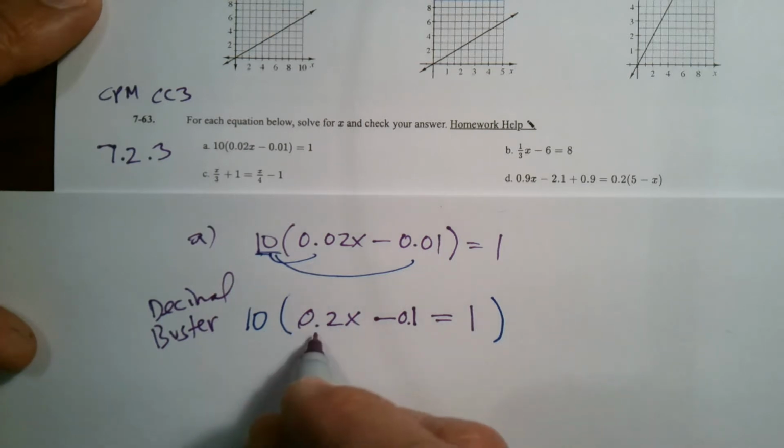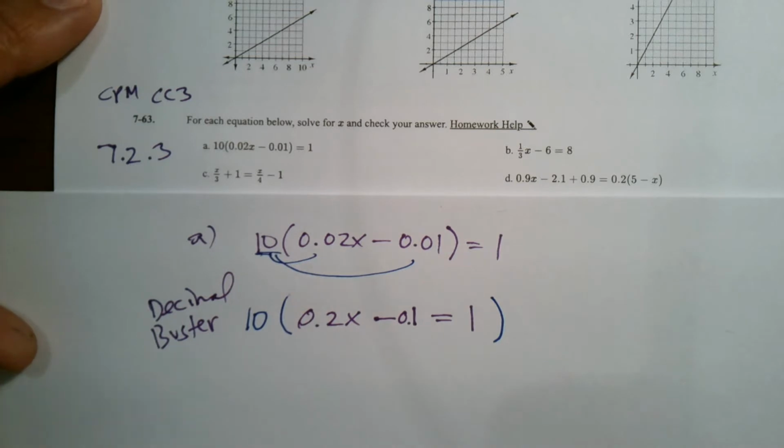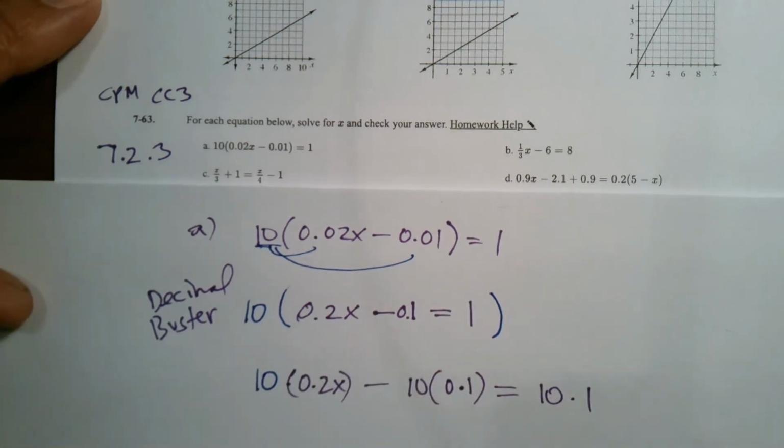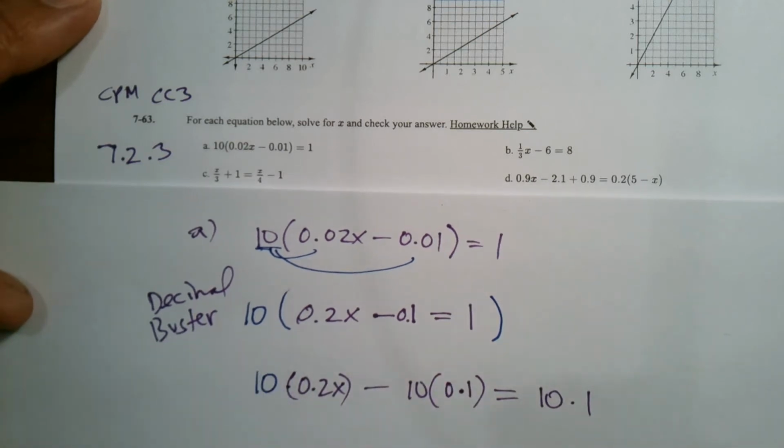By multiplying by 10, I'm multiplying every one of these numbers by 10. It's 10 times the 2/10th x, then 10 times the 1/10th, and then it's also 10 times 1. So every one of them gets multiplied by that 10.